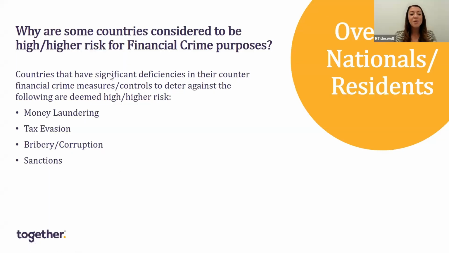Thanks, Michelle. So yeah, I'm Rachel. I'm responsible for the first line financial crime team here at Together. When Michelle asked me to be part of this webinar today, I was really excited about it. It's really great to be able to provide some context around what we do in terms of the information and documents that we request, as rather than just saying what we need, it's great to share with you why we need it as well.